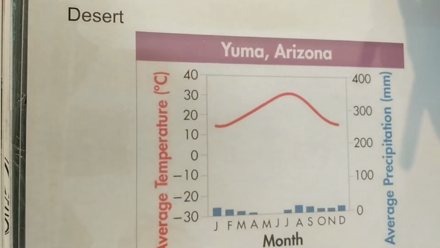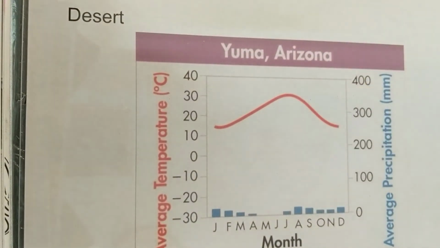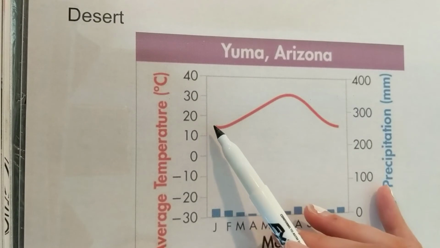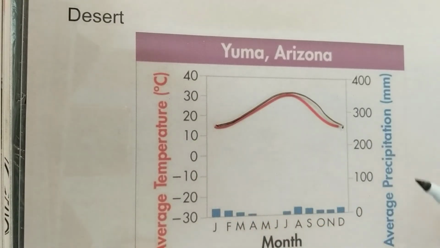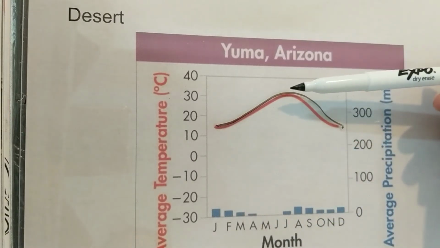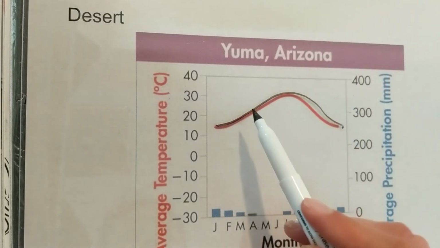We're going to look at the desert in Yuma, Arizona. They have a good amount of fluctuation in their temperature, maybe more than you were expecting. However, it stays fairly warm throughout most of the year.